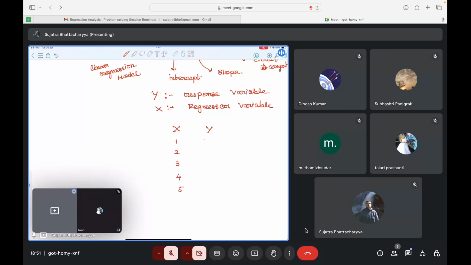Let it be 2.1. It can be 2.3. This is 3.2. This is 3.6. And this is 5.2. This is highly random. It is not under my control. So hence it is a random variable. Response variable y is a random variable.